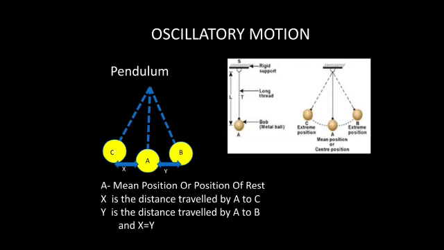Okay. So, what do you understand from this? What is an oscillatory motion? Oscillatory motion is periodic, but here the x and y, that means the distance from A to B, which we depict as y, and the distance from A to C, which is x, are always equal, but the distance is not always similar.